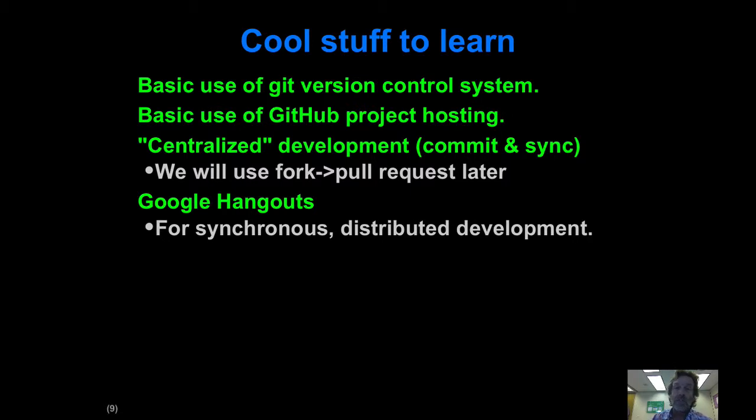And so effectively what that means is that at GitHub there will be one place where the project lives, and then all the developers will simply be able to push their commits to that repository. There are other kinds of models, the more classical distributed model in which you make forks of a given repo and then you issue pull requests. Those are a little more complicated, and we'll talk about them later in the semester.